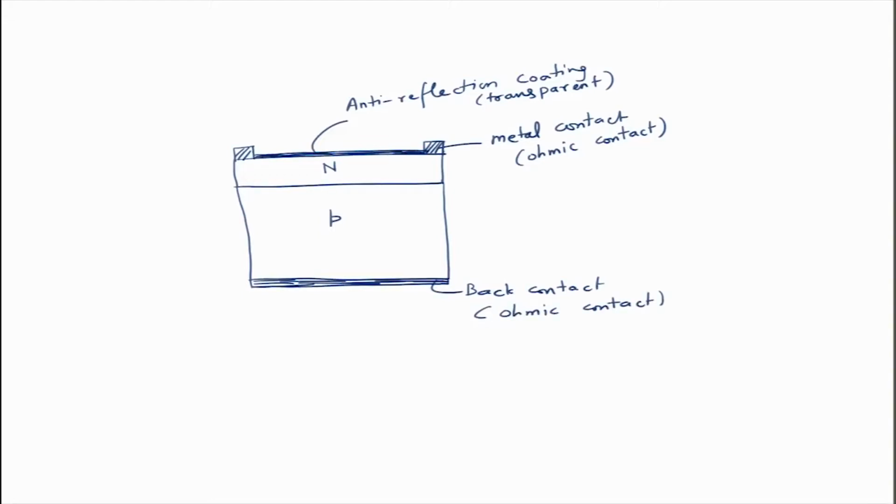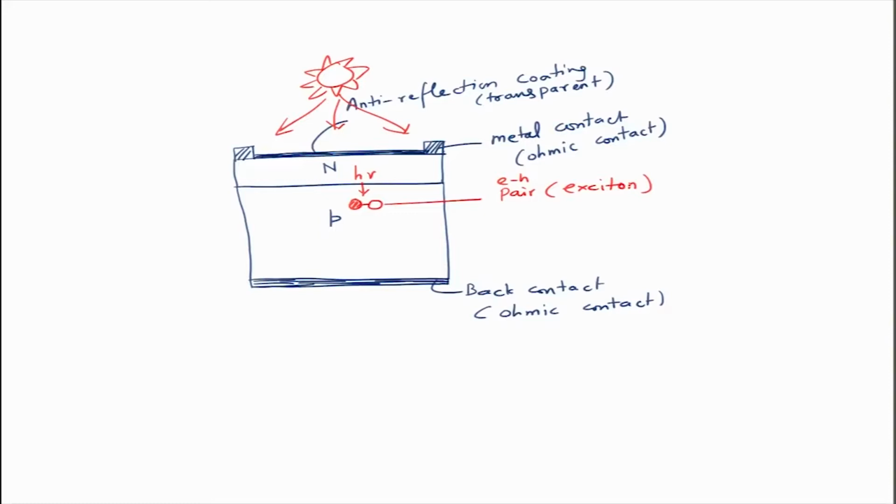And then as the sun shines on it, the radiation falls over it, you create electron hole pairs in the semiconductor. The photon h nu will give rise to an electron and a hole pair, which is called an exciton.